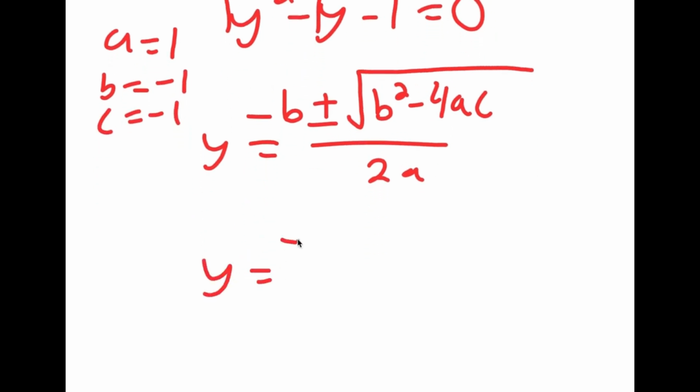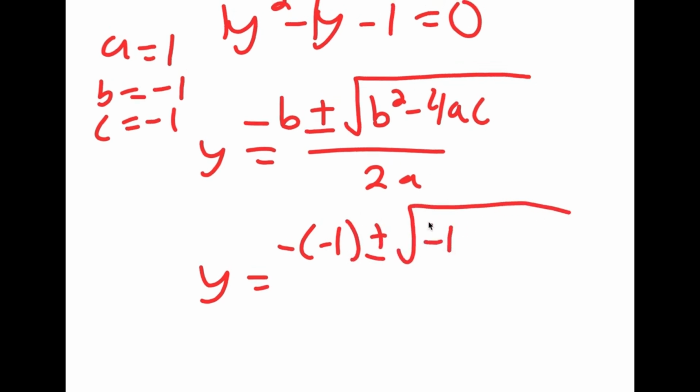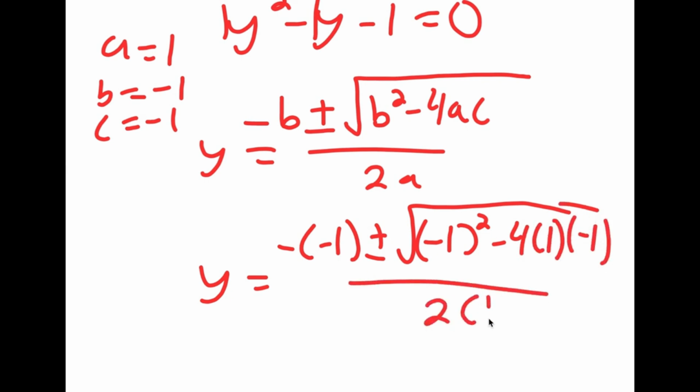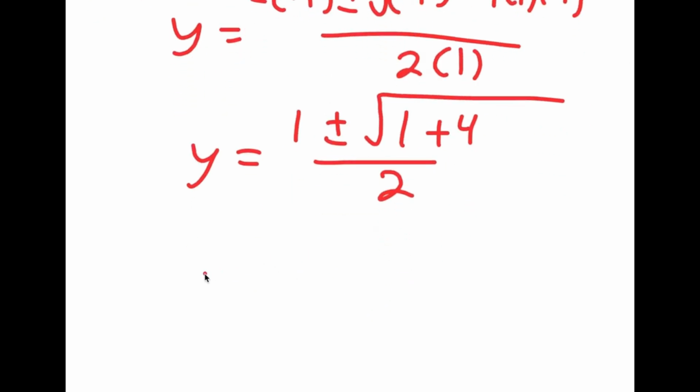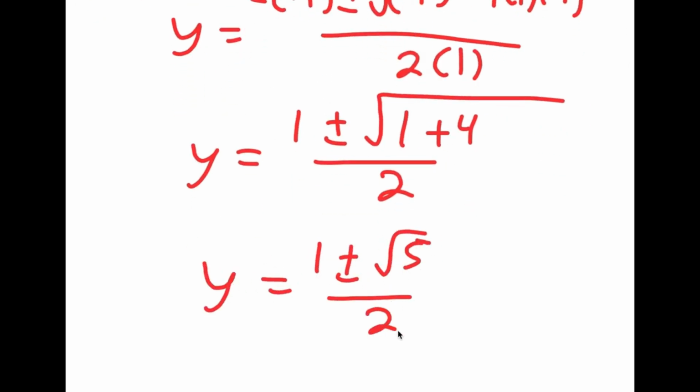So I get y is equal to negative of negative 1 plus or minus the square root of negative 1 squared, minus 4 times a times c, which is negative 1, all over 2a, so 2 times 1. This is equal to 1 plus or minus the square root of negative 1 squared, which is 1, minus 4 times 1 times negative 1, which is plus 4, all over 2, which is equal to 1 plus or minus the square root of 5 over 2.